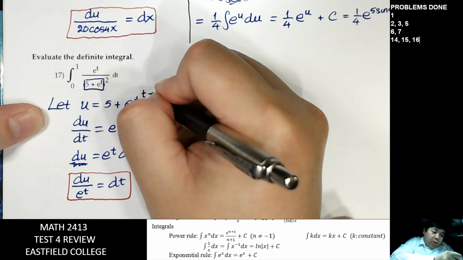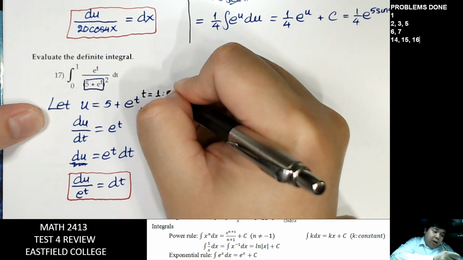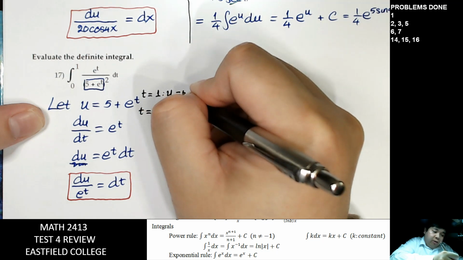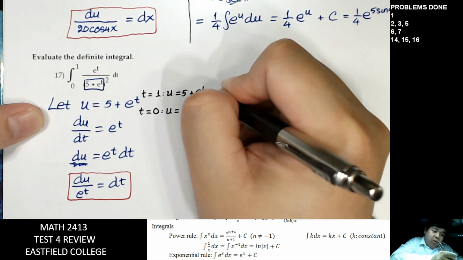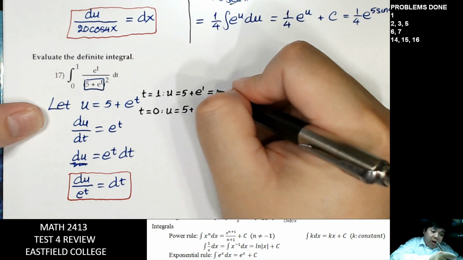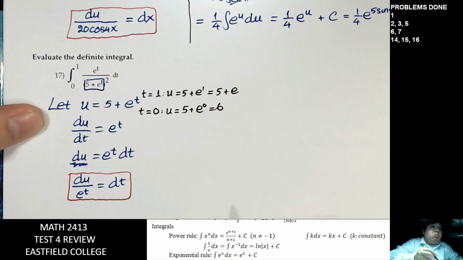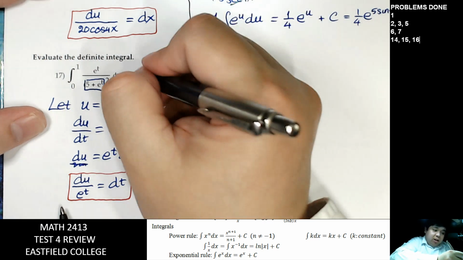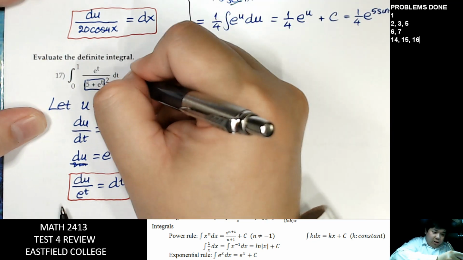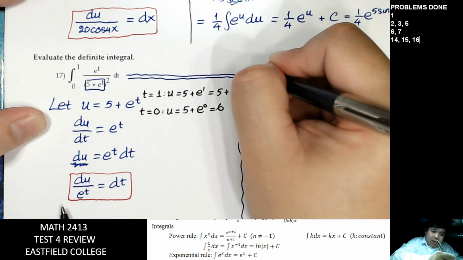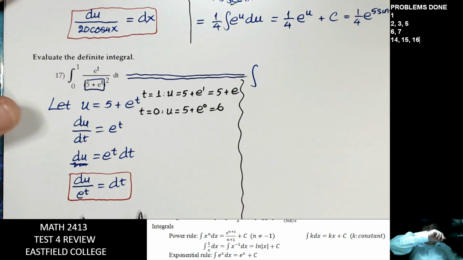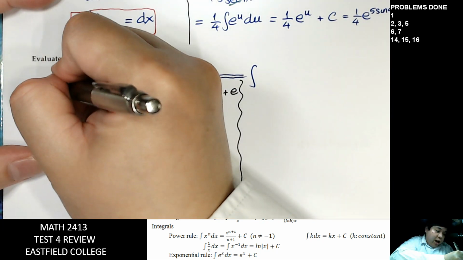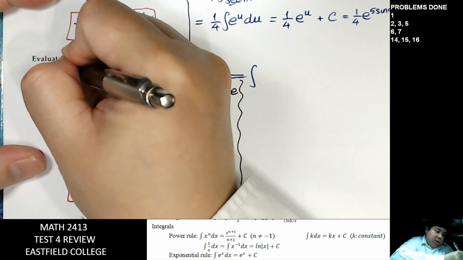And t equal to 1, u equal to 5 plus e to the first power is still e, so we have just 5 plus e, and that's as much as we can simplify. Alright, so that integral we go from 0 to 1. Those are the t values.